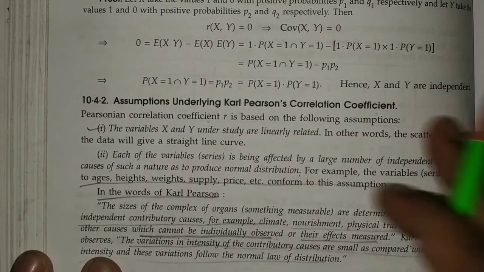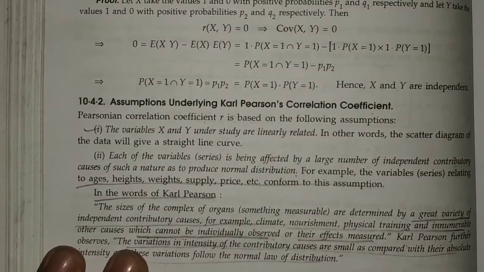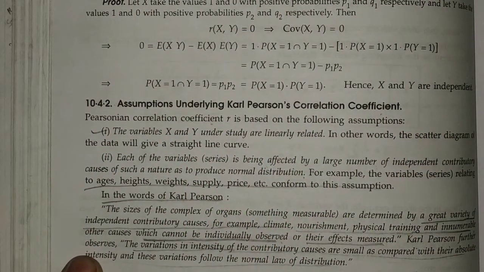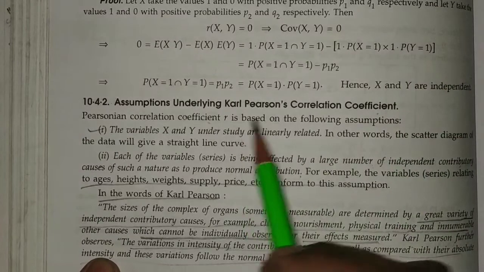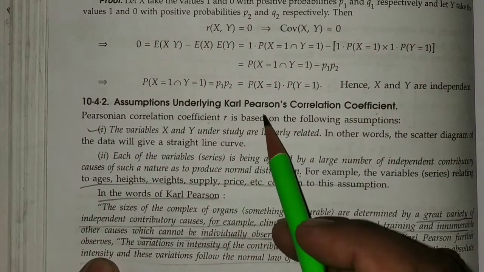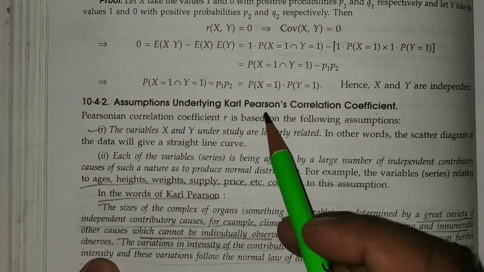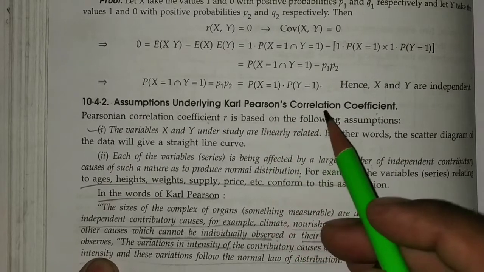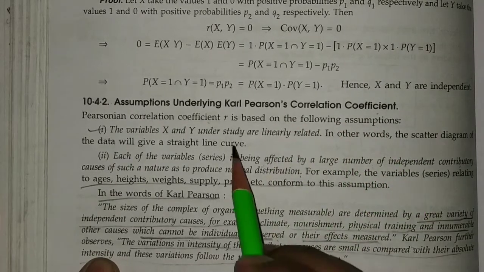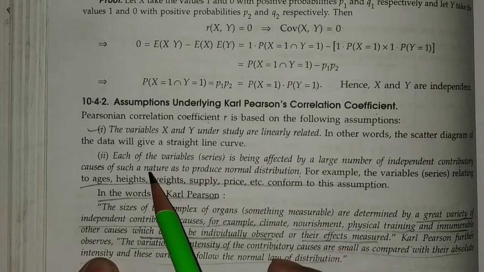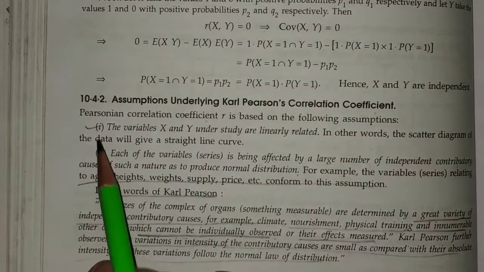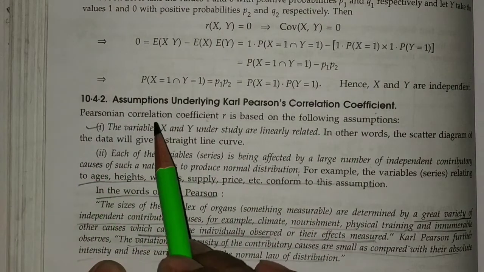So let's start. Here you can say Karl Pearson's correlation coefficient, or only Pearson's correlation coefficient. These are the assumptions we have to consider for the Pearsonian correlation coefficient r.